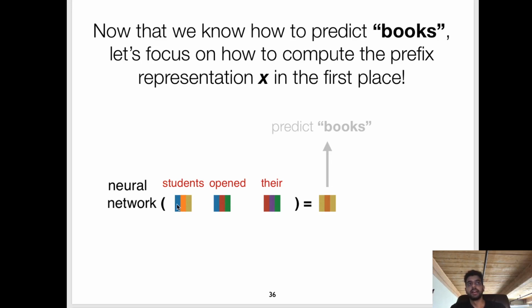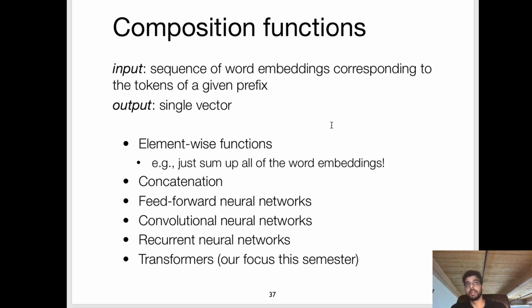So I'm going to add the first dimension of each of these vectors to get the first dimension of my composed representation, then add up the second dimension of each of the three vectors to get the second dimension, and so on. So this is one of the simplest composition functions, element-wise addition. You can also imagine things like multiplication or max or something like that. Average is also a popular choice.